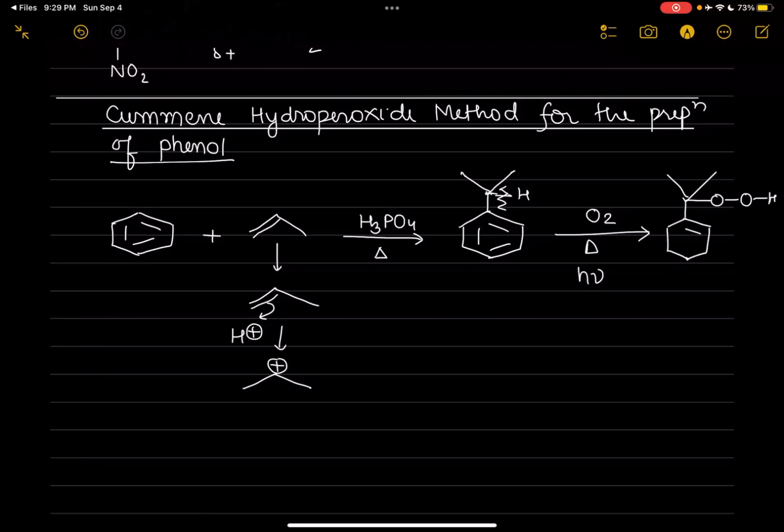Okay, and the name of the reaction is because of this only, right? The name of the reaction is because of this, and this is cumene hydroperoxide method. Okay, look here, this is a peroxide linkage, that's why the name peroxide.